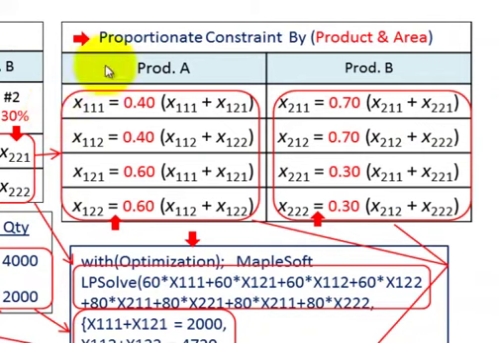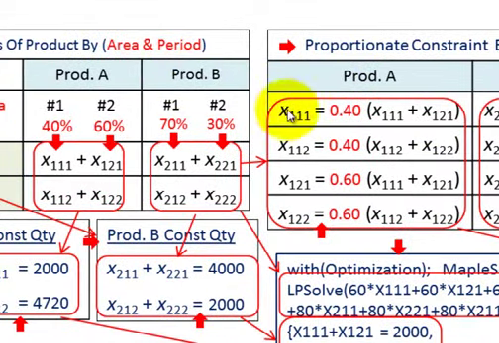And then for our proportionate constraints by product and area, remember we have product A and product B. Let's look at the first one, x111 for sales area 1 at 40%, and then we'll look at the other percentages too. Moving back to our proportionate constraint, x111 is equal to 40%, the column it's sitting in, times its entire row for period 1 for product A, x111 plus x121.